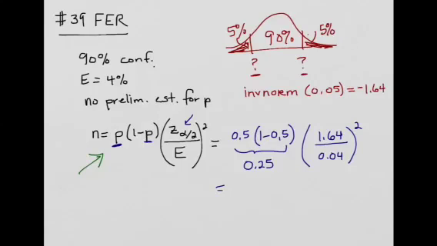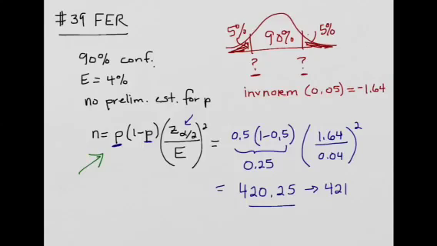Now I multiply this on my calculator, and I get 420.25, which needs to be rounded, not to the nearest whole number, but up to the next whole number, and that would be 421. This is telling us how many we need. We need more than 420, so we go up to 421.